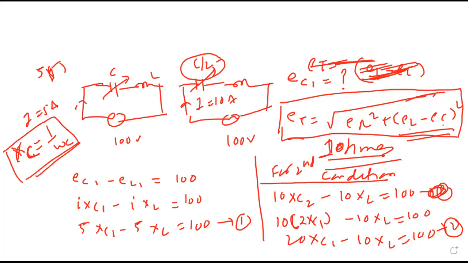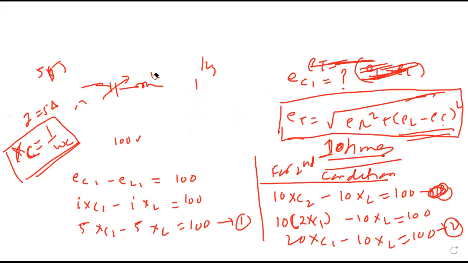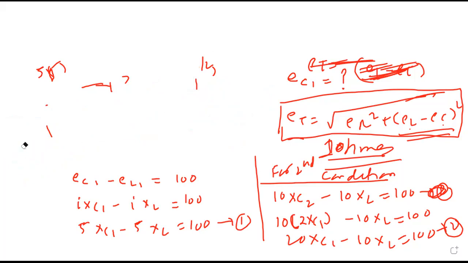Now write this much, then I am doing further. Please copy this much. Done, sir. Done till this. Now if I eliminate XL, I will get only XC. We got two equations with XL and XC. Somehow I should remove this XL.